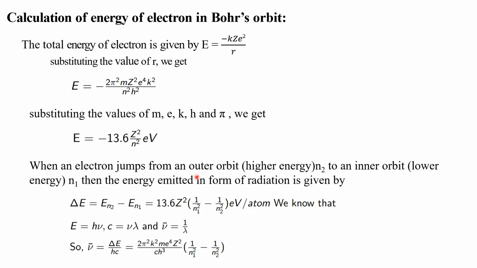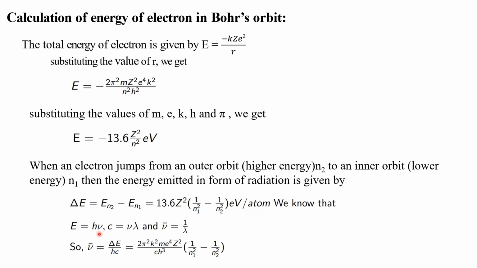When an electron jumps from an outer orbit of higher energy n2 to an inner orbit of lower energy n1, the energy emitted in the form of radiation is given by delta E, which is En2 minus En1. If we substitute 13.6 z square, we get 1 by n1 square minus 1 by n2 square electron volt.